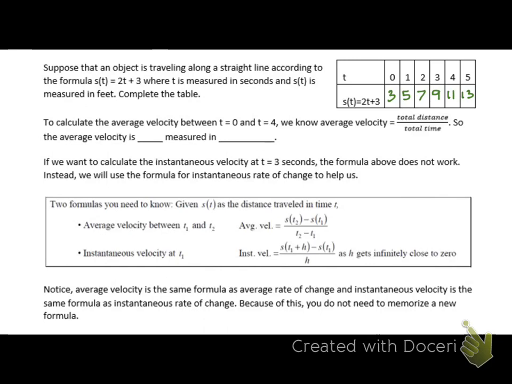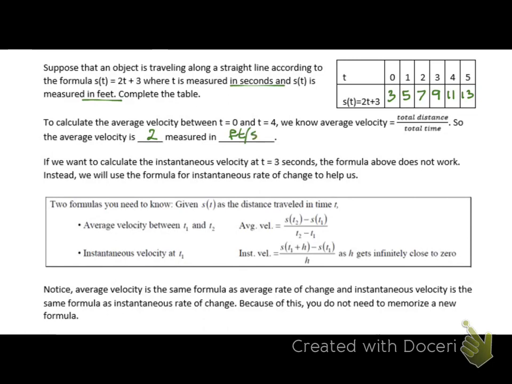So 8 over 4 is 2. Because we were doing distance over time, it's the distance unit over the time unit. Because distance is measured in feet and time in seconds, it would be feet per second.